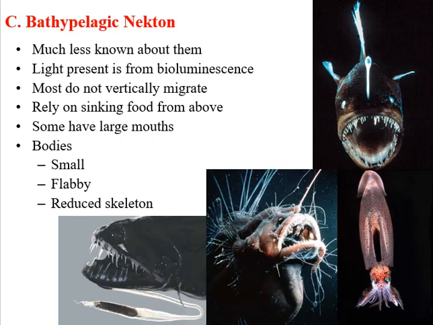And energy, the amount of energy that's available, is at a premium here. There isn't so much energy for these deep sea fish, squid, crustaceans, those kind of animals. Whatever is there rains down from above like manna from heaven. That's where they get their food.